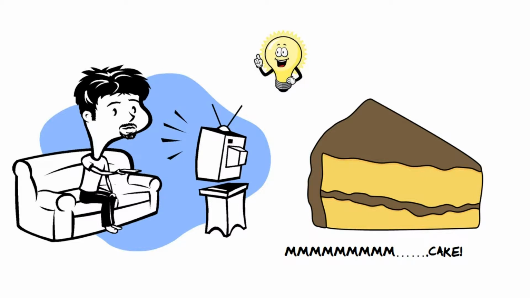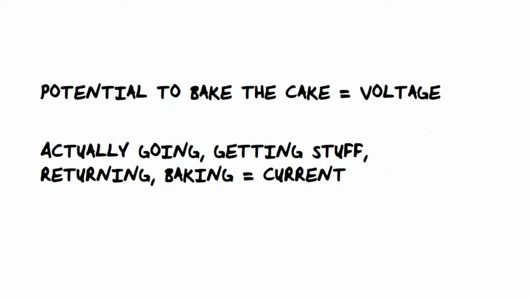You have the potential to go to the market, buy ingredients, return home, then bake a cake. That potential is your voltage. The act of physically going to the market, buying ingredients, returning home, and baking the cake is your current. Once you put your potential in motion, you're actually doing something. Same with electricity. When a voltage is supplied and current flows, then the electricity is doing something.